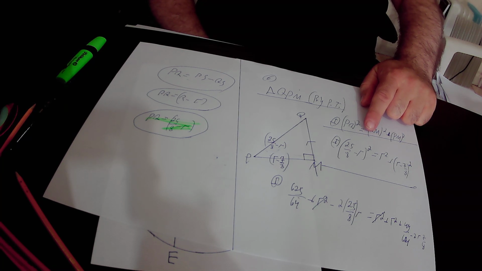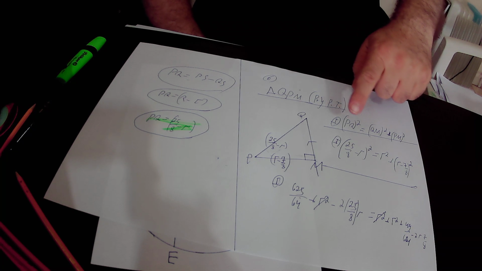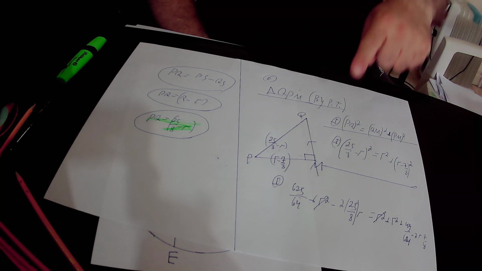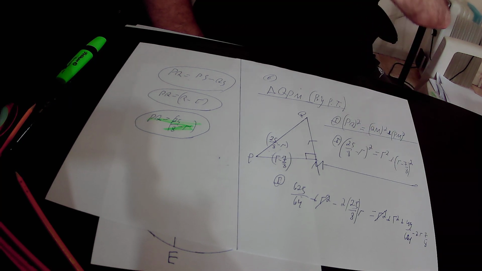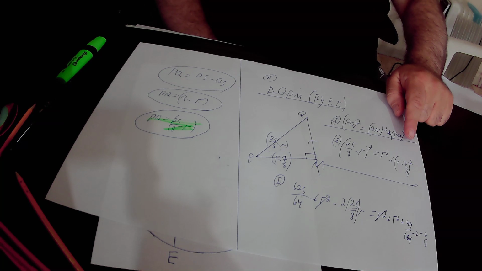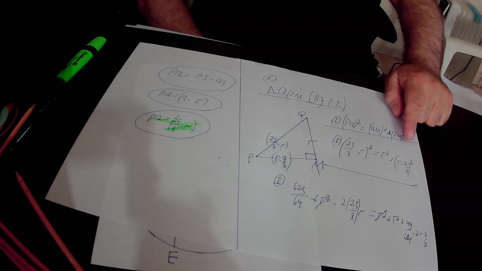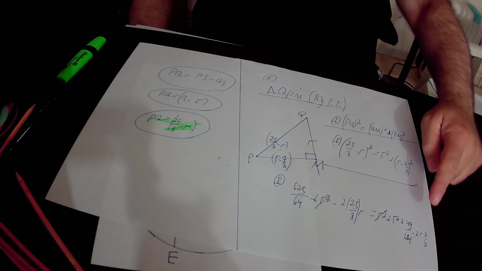It is equal to (25 over 8) square, that is 25 squared, that is 625, over 8 squared, that is 64, plus r square minus 2 times 25 over 8 times r. On the other side of the equation we have r square plus (r minus 7/8) square. It is equal to r square plus (7/8) squared, that is 7 squared, that is 49, over 8 squared, that is 64, minus 2 times r times 7/8.